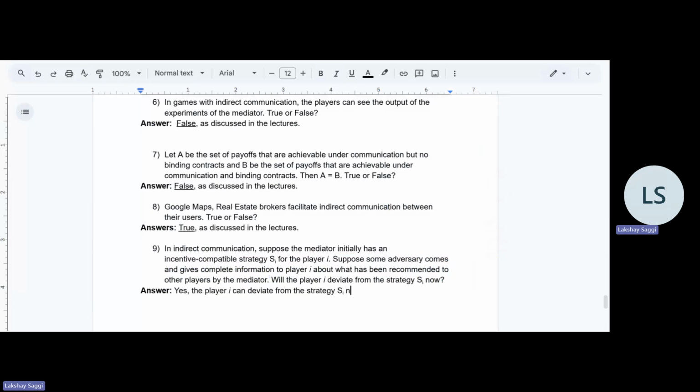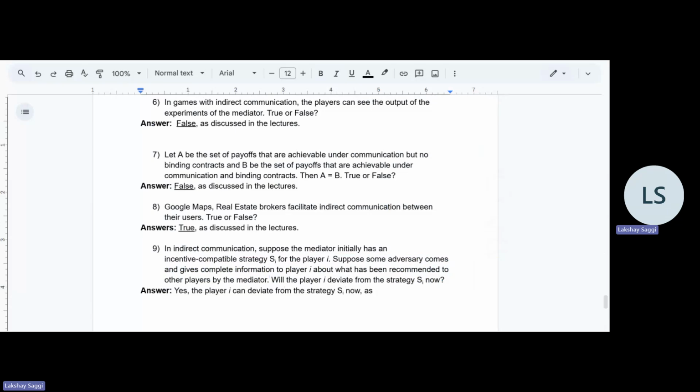And why is this? Because now player I has some more information. He now knows what has been recommended to other players, so he can change his plans accordingly. Earlier he could only guess with some probabilities what could have been recommended, but now he precisely knows.